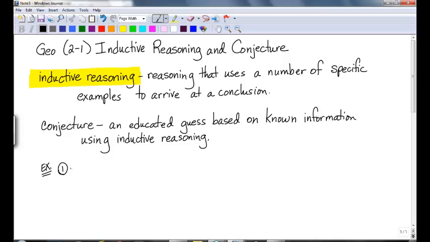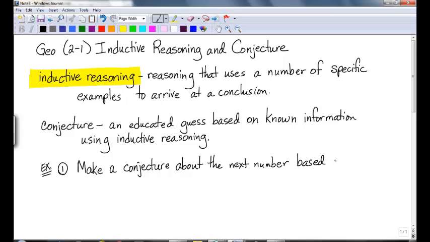Now, I'm going to go through two examples for problems like you might have in the book. One, say the directions say make a conjecture about the next number based on the pattern.